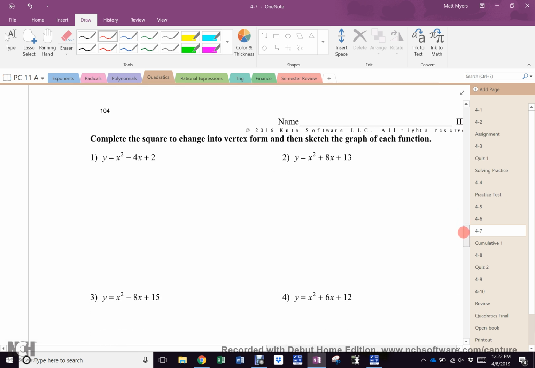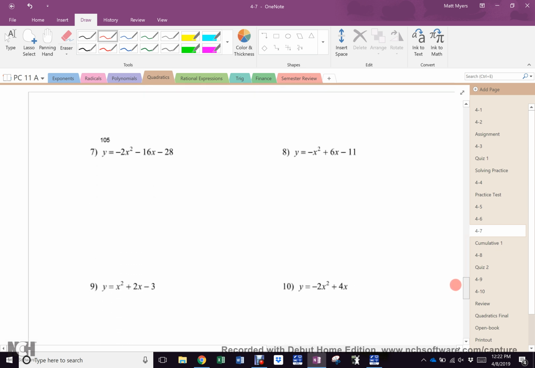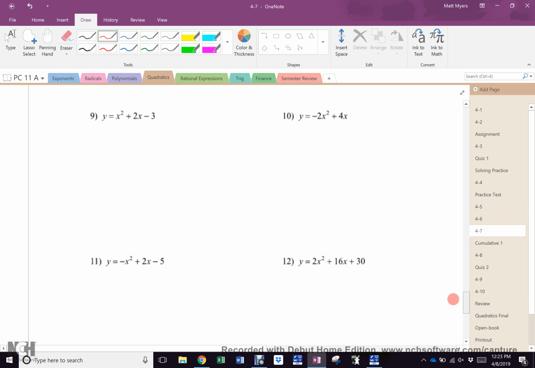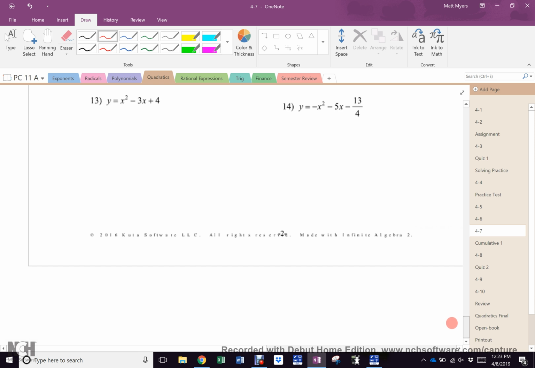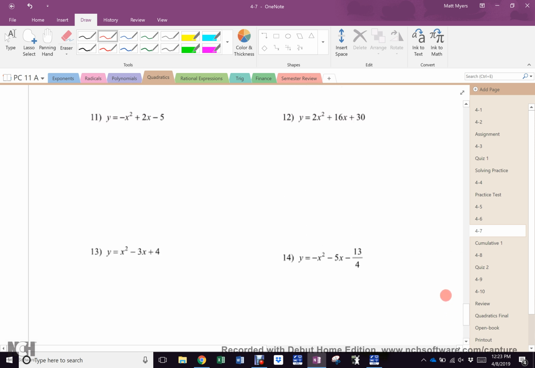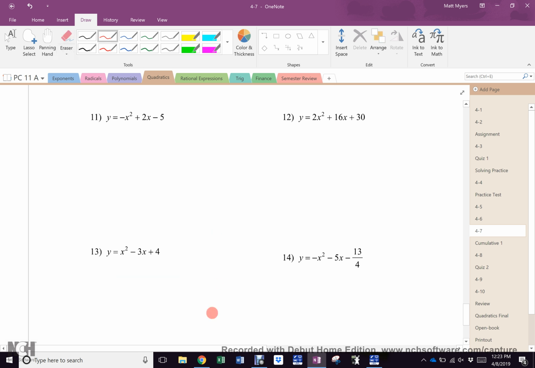Now, please look. Every single one until 13 and 14 is easily completing the square. Right? When you get to 13 and 14, you may either use x equals negative b over 2a or complete the square.